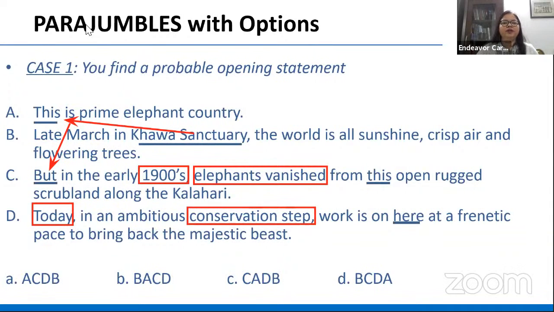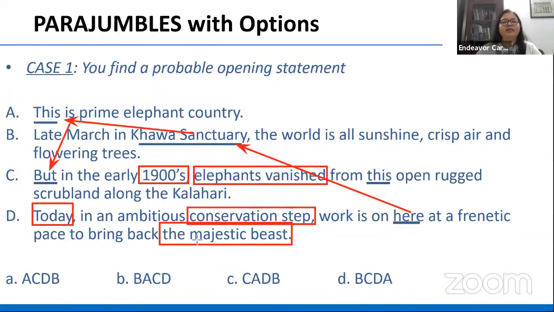And what does the here refer to? The sanctuary. Work is on here to bring back the majestic beast. What beast? The majestic beast. Why the? The second reference to elephants. Elephants have been mentioned first time reference. The second time reference becomes defined, definite article, right?